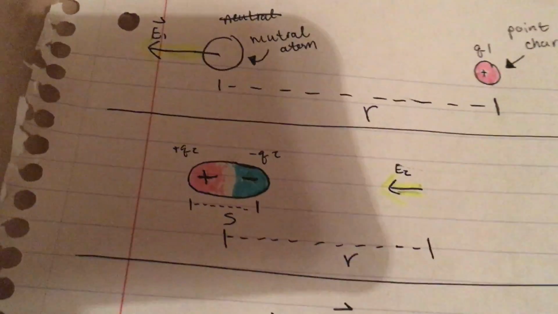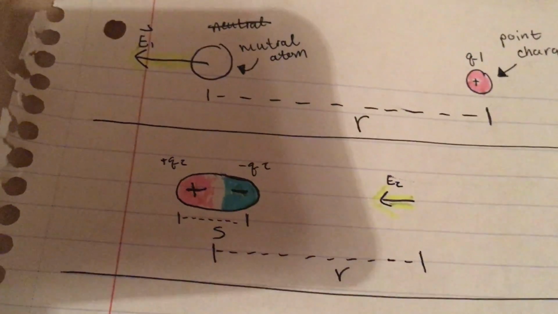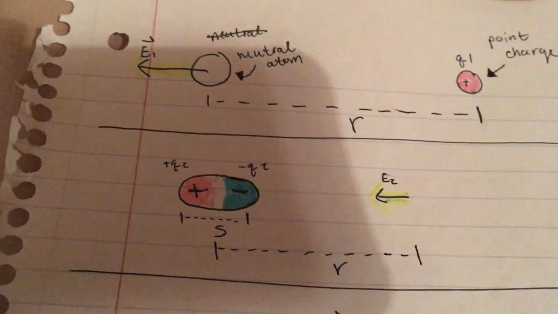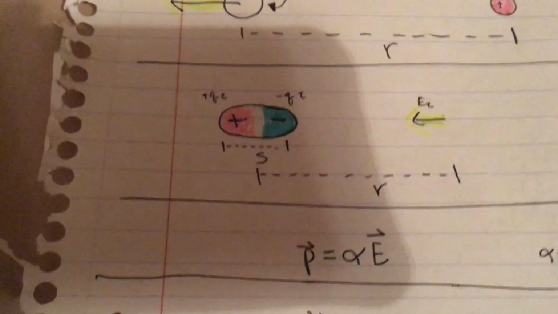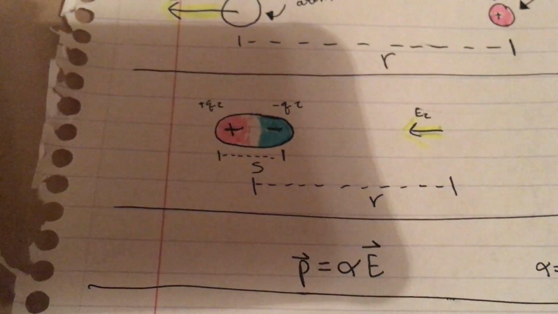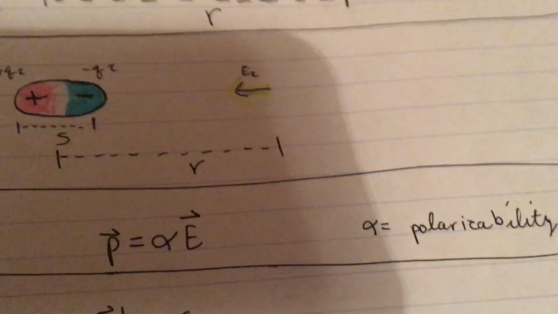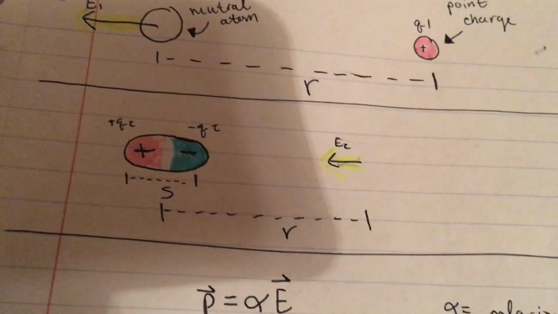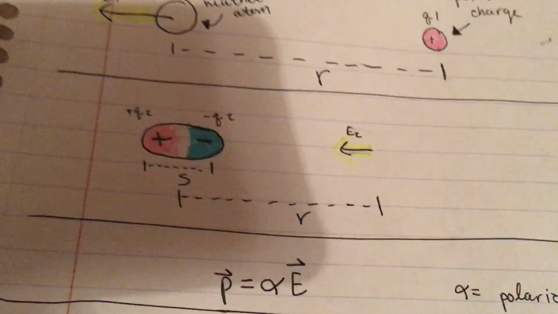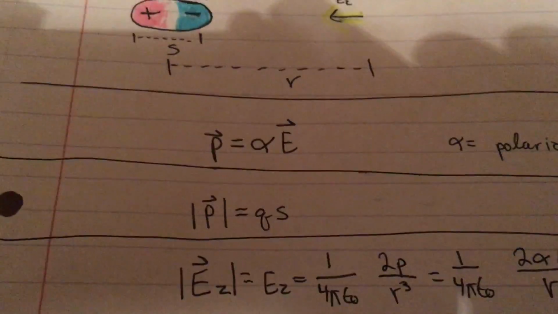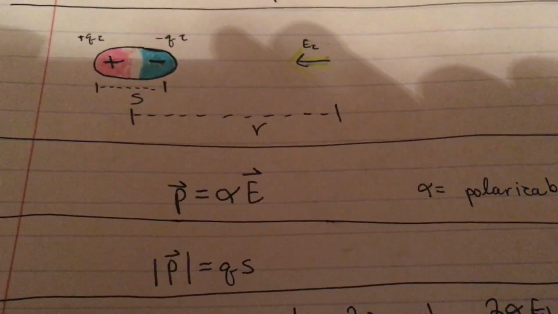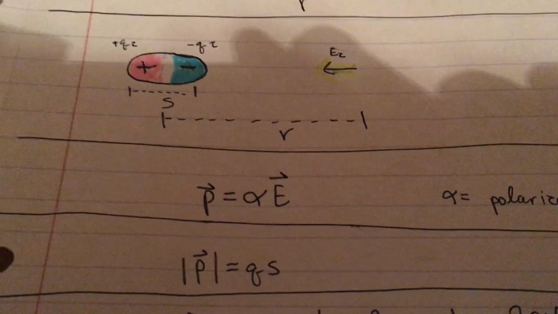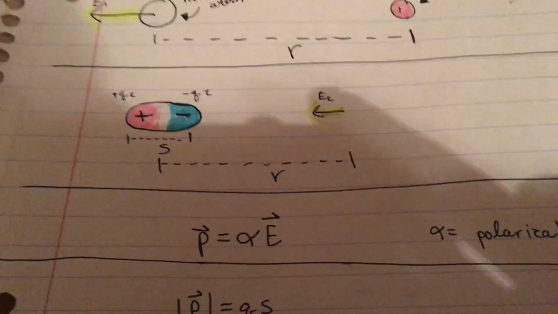The dipole moment will be directly proportional to the magnitude of the applied electric field and can be denoted by p equals alpha times the electric field, alpha just being the polarizability constant of your material. It should also be noted that the magnitude of this dipole moment is p equals qs, which should look pretty familiar considering that's in our previous electric field functions.